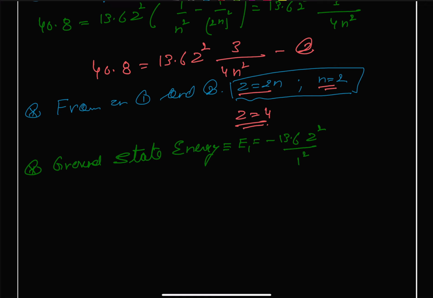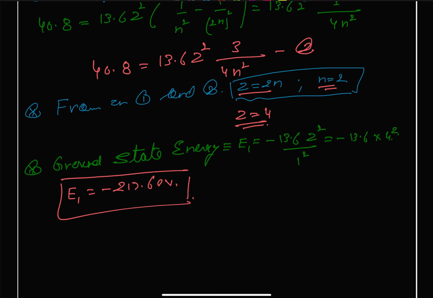Z is 4, so this comes as minus 13.6 into 4 square. So we get our E1 equal to minus 217.6 electron volt.